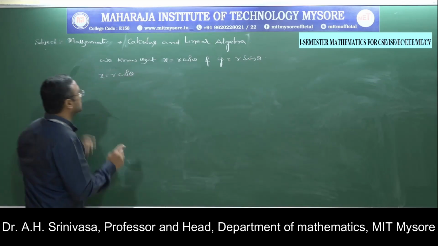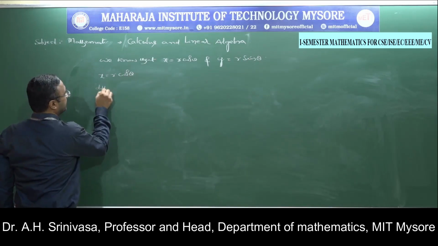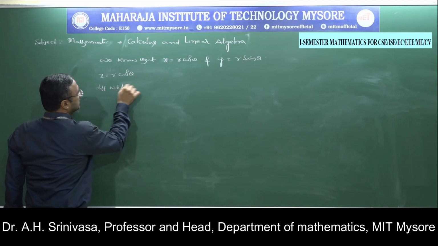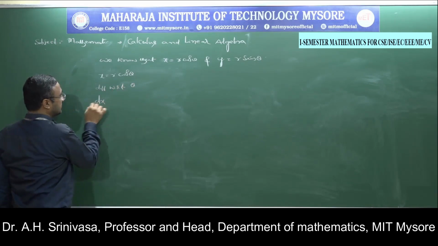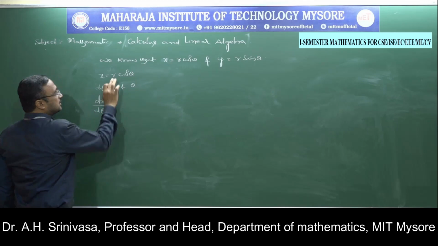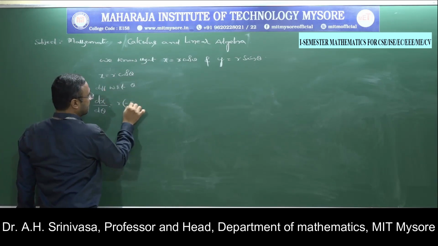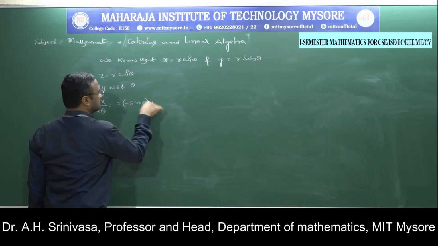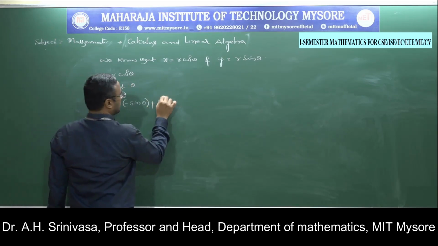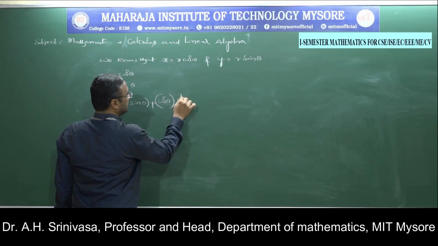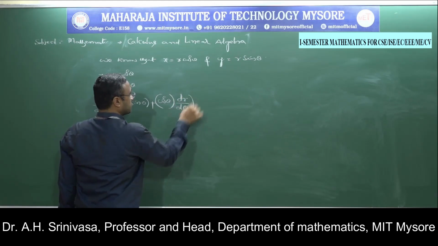First we take x equal to r cos theta. Now differentiate this with respect to theta. Now we get dx by d theta: first into derivative of second, minus r sin theta, plus second into derivative of first, cos theta into dr by d theta.